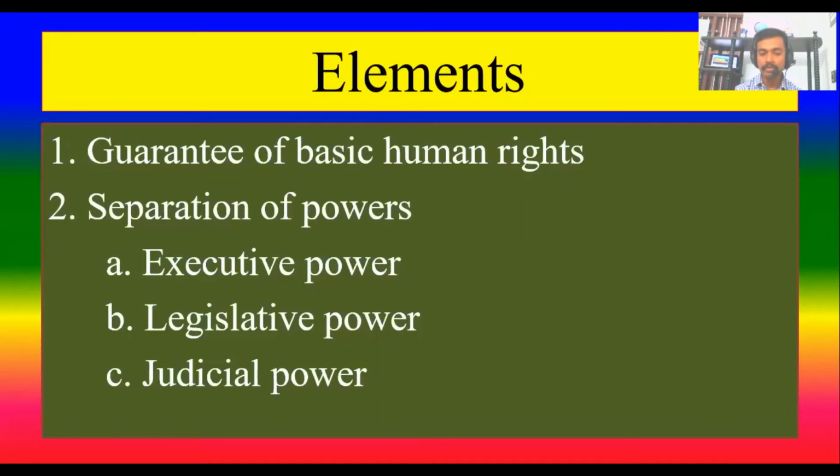Judicial power means interpreting the law. The government may make any law, but the judiciary can interpret the law. The reason is that this is a classic system. Every individual has the right to question government decisions, and the right to challenge any law made by the government.